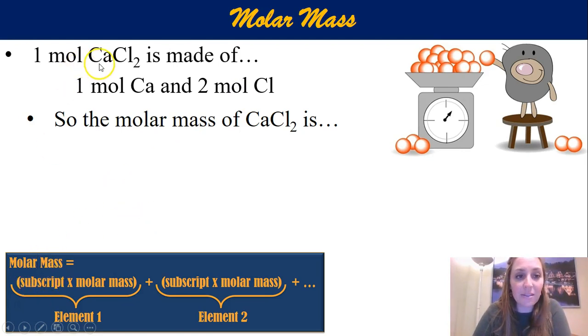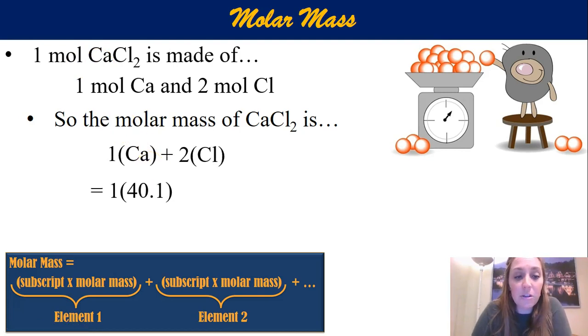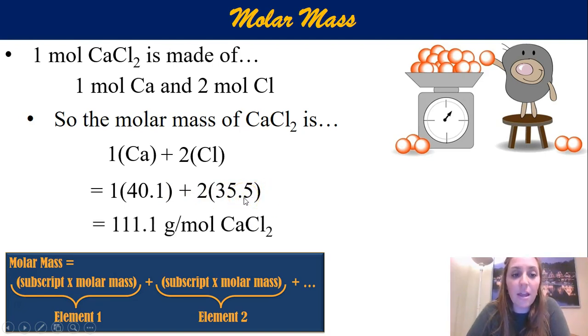So our first thing is calcium, which would be 1 calcium plus 2 chlorines. And then plug in your numbers. So 1 times 40.1 is calcium's molar mass, plus 2 times 35.5, that's chlorine's molar mass. And this is going to give you 111.1 grams for every 1 mole of calcium chloride.